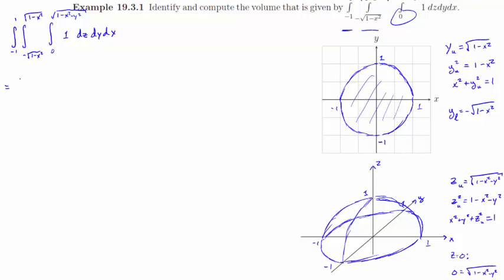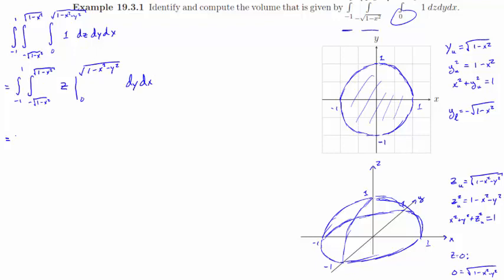This then equals the integral from negative 1 to 1, the integral from negative square root of 1 minus x squared to the positive square root of 1 minus x squared. And then we're going to have the antiderivative is z, evaluated from 0 to the square root of 1 minus x squared minus y squared, dy dx.